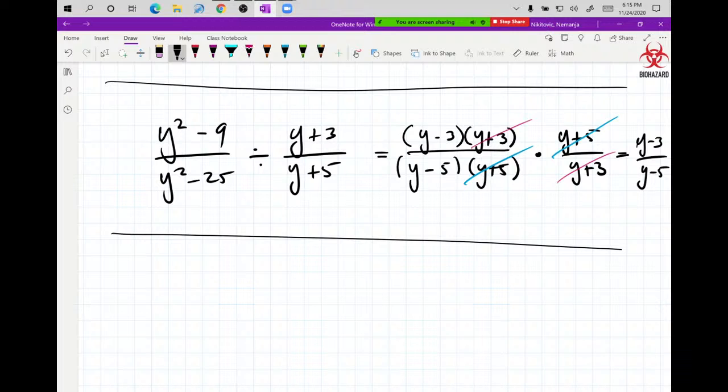Let's take a look at, how about 62? X minus 4 divided by x squared plus x divided by 5 over x plus 1.